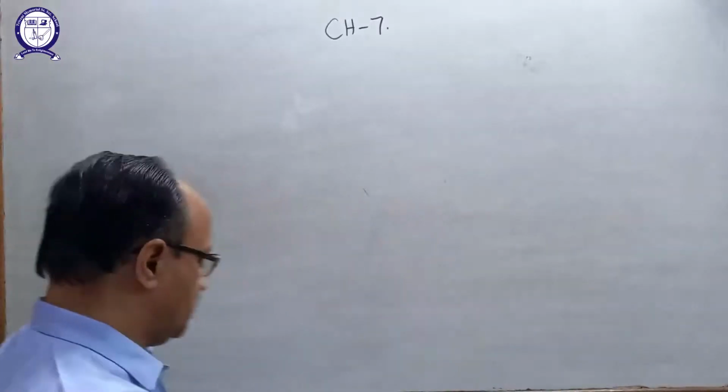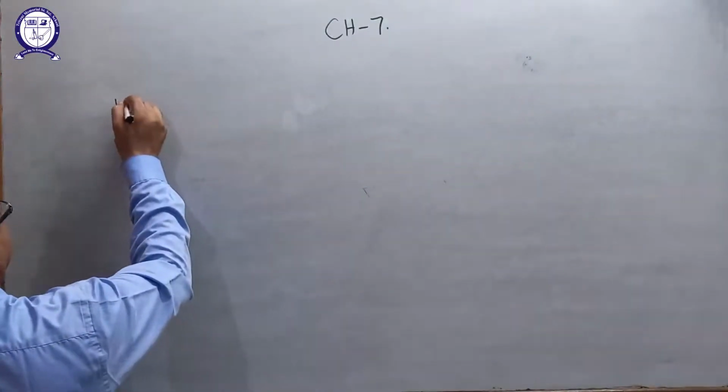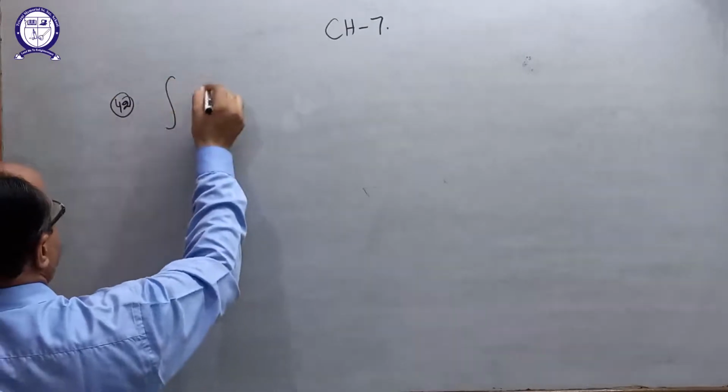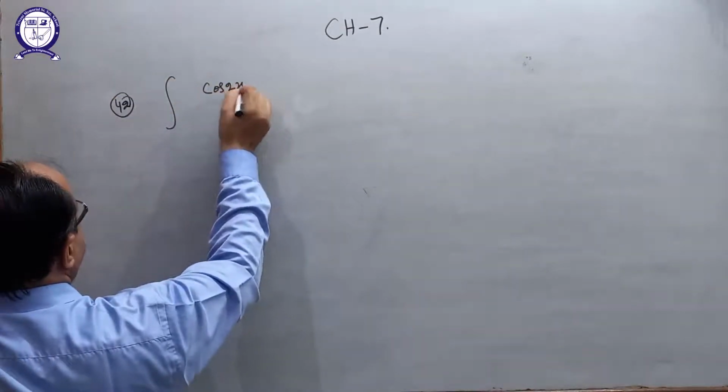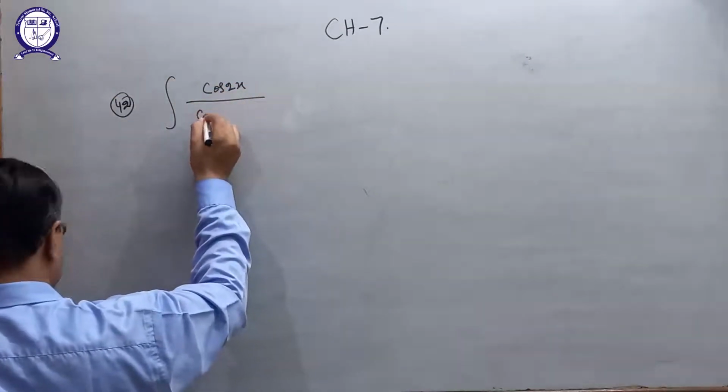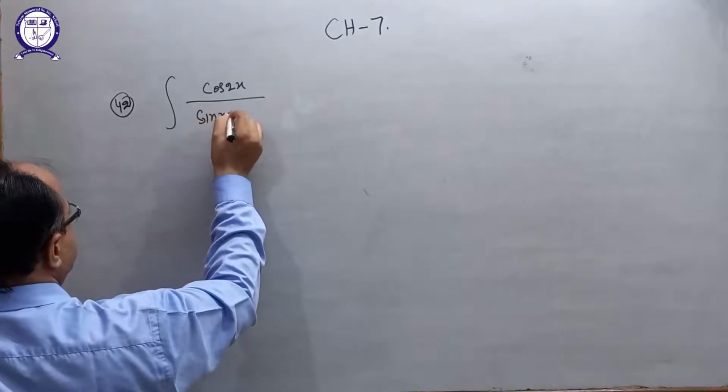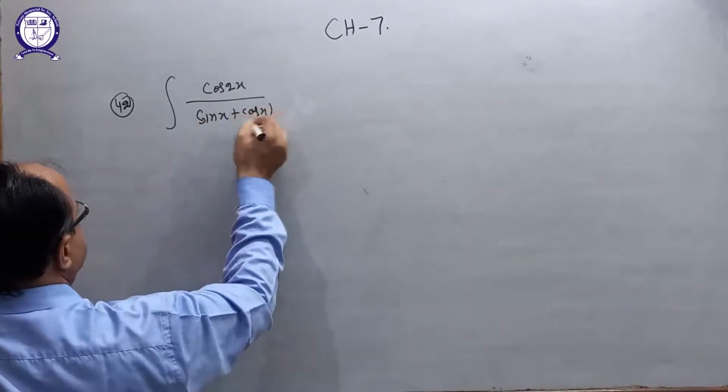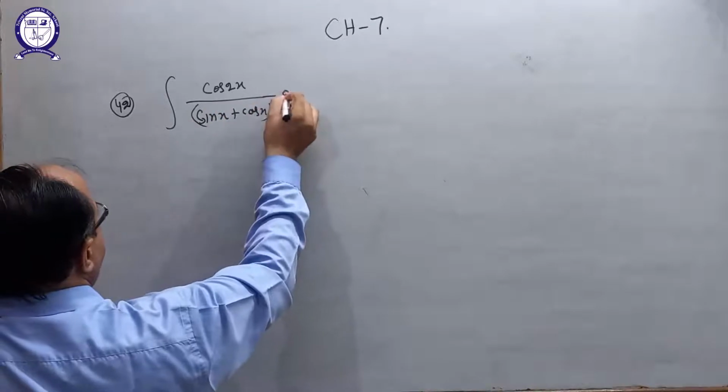Question number 42: integration of cos 2x upon (sin x plus cos x) whole square dx.